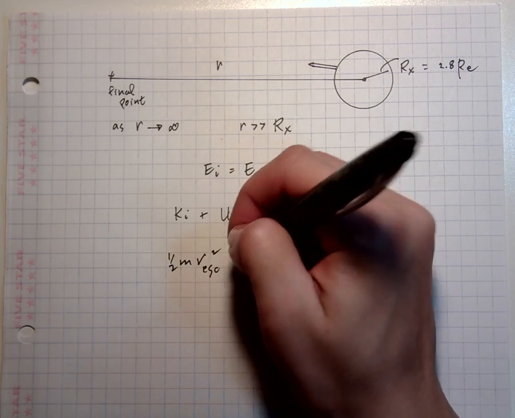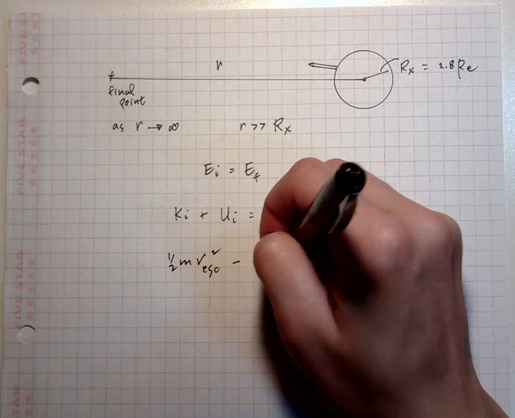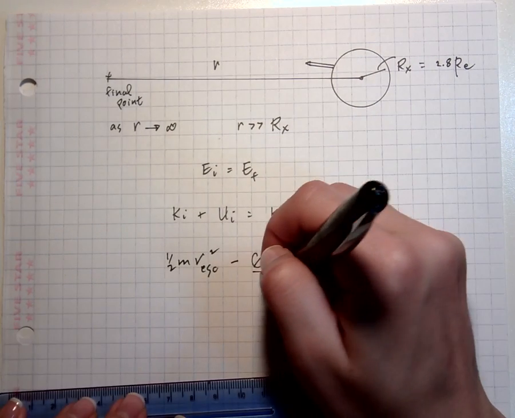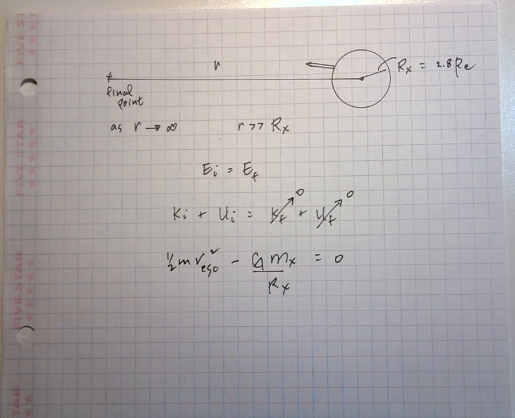And then filling in for gravitational potential energy, remember there's a minus sign associated. Remember we talked about why that's true in class, that it's minus G times the mass of planet X over the radius of planet X. And those two terms equal 0. We zeroed out the terms on the right-hand side of that energy equation.